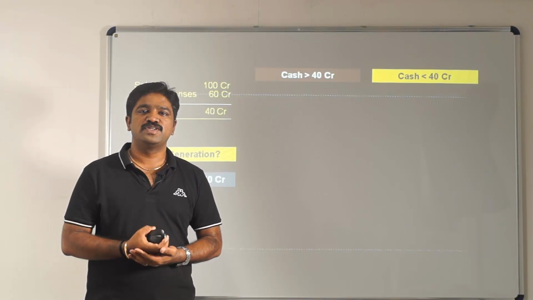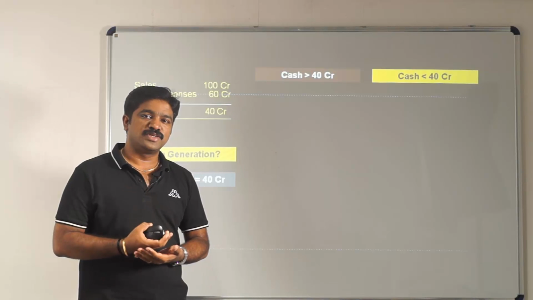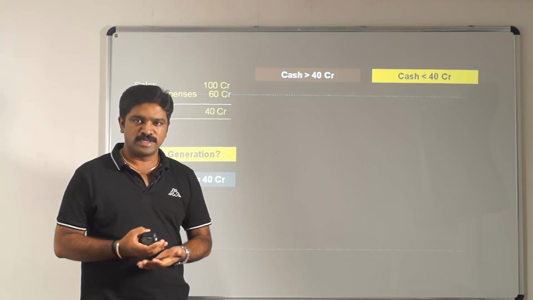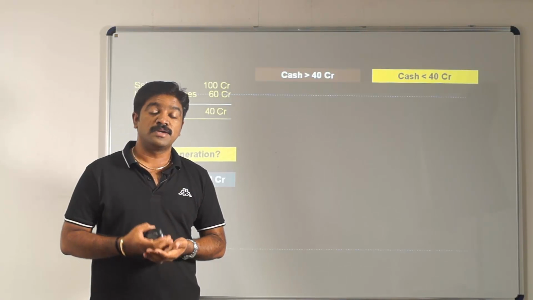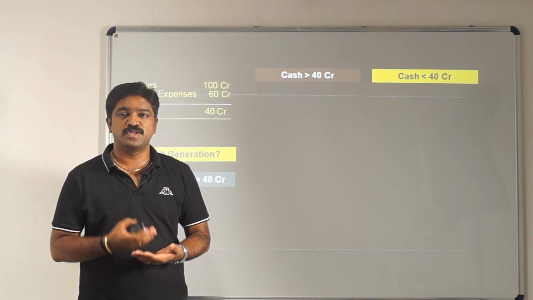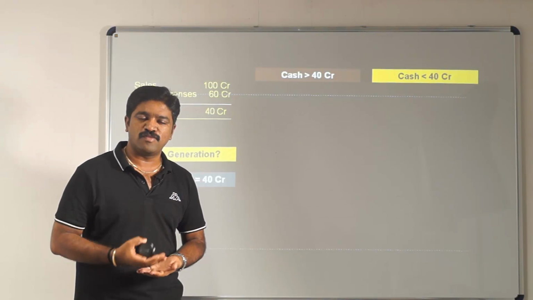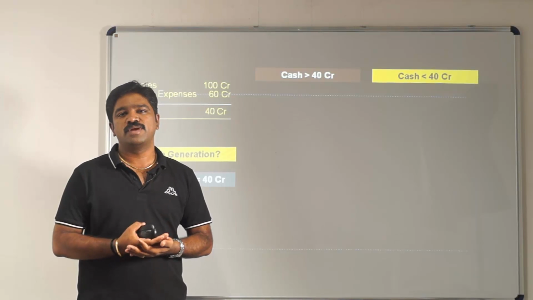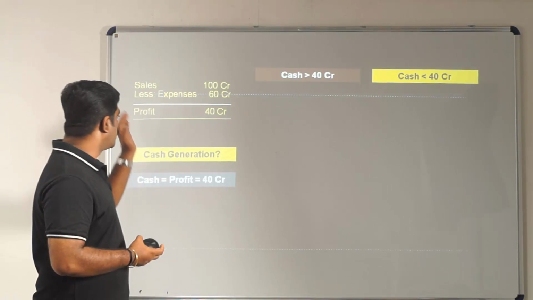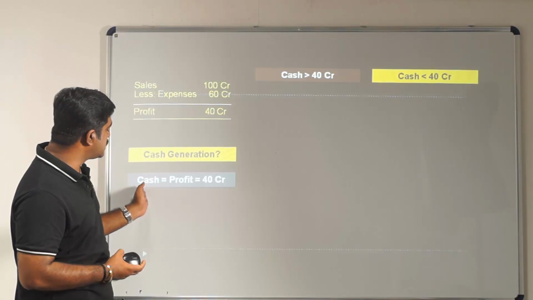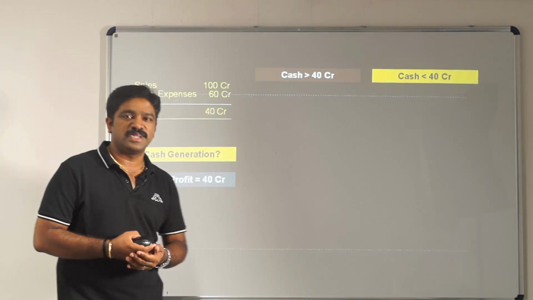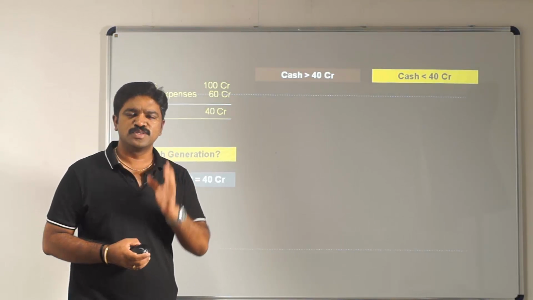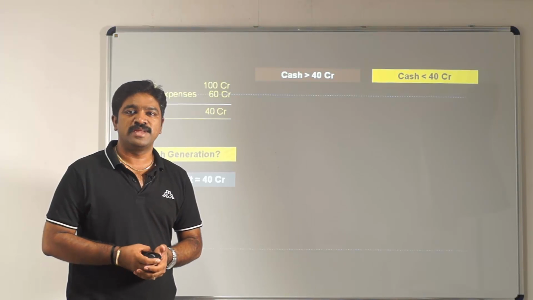For the profit you derive, you have to include various incomes and various expenses, but incomes and expenses which do not have any inflow or outflow of cash will also be included. So the profit you arrive at will not exactly reflect the cash generated in the business. So this appreciation is very, very critical.